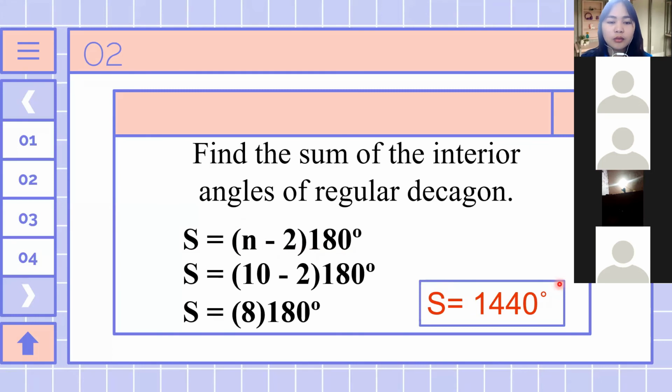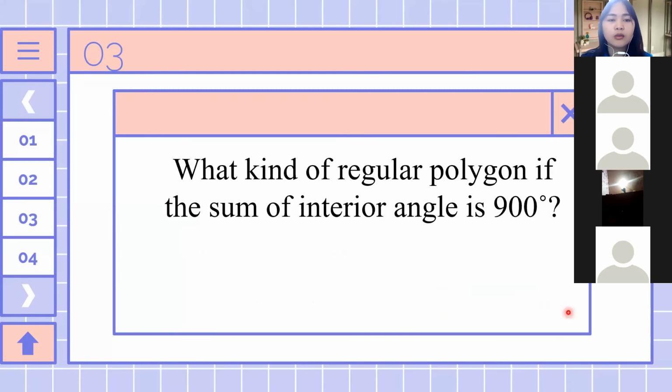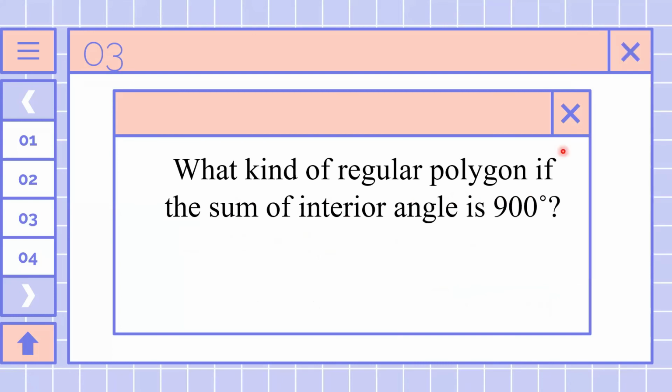So, now, atong task na pod ni number 3 is what kind of regular polygon if the sum of interior angle is 900 degrees? So, ang gipangita is unsa nga polygon daw if ang iyahang sum of interior angle is 900 degrees. So, karon polygon na po itong pangitaon. Unsa siya nga polygon kung iyahang total sa iyang interior angle is 900 degrees.